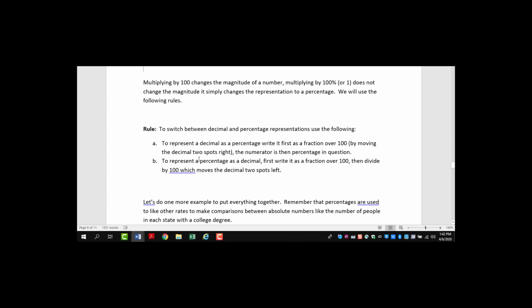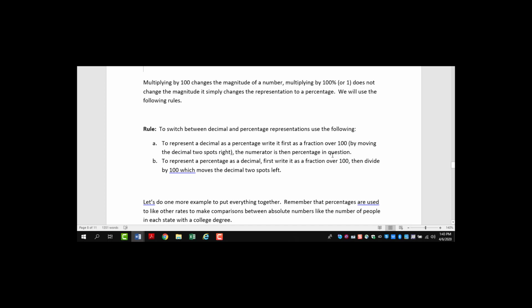We will use the following rules. To switch between decimal and percentage representation, use the following. To represent a decimal as a percentage, first write it as a fraction over 100 by moving the decimal 2 spots. Moving the decimal 2 spots is the same as multiplying it by 100. So you're really multiplying by 100 over 100.